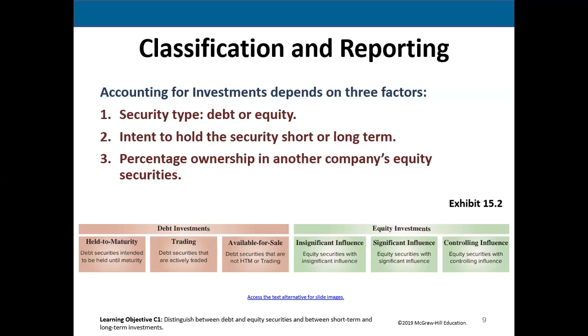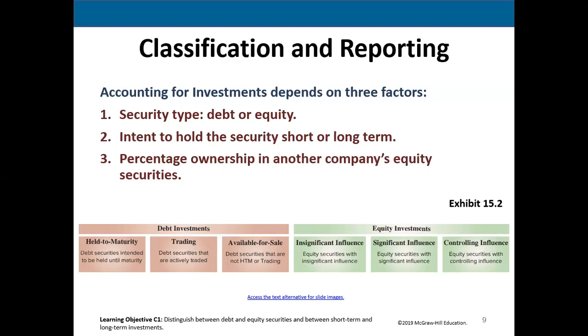Then, and this only, in number 3, only applies to equity investments. If we are the owners of the stock, what percentage of ownership do we have of the other company? But like I said, we're going to first focus on debt securities, debt investments, look at the accounting, and then we'll deal with equity investments.